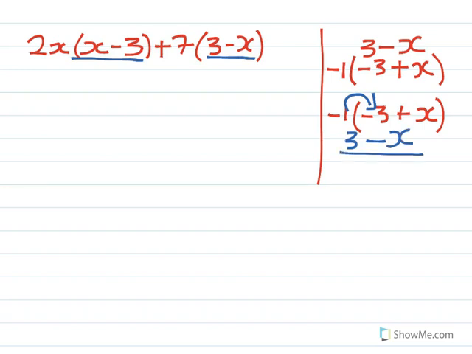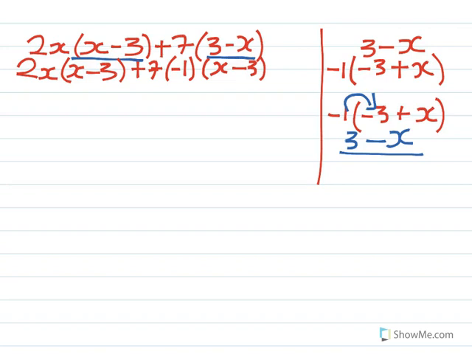Hence, in this particular problem, when you are given 2x times x minus 3, now you are saying plus 7, you take out that negative 1 we did in the previous example. When you take out a negative 1, this will also change to become x minus 3.